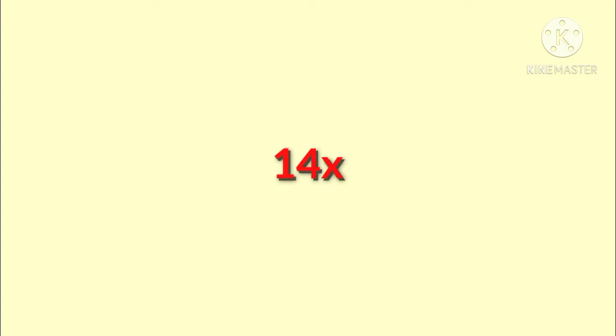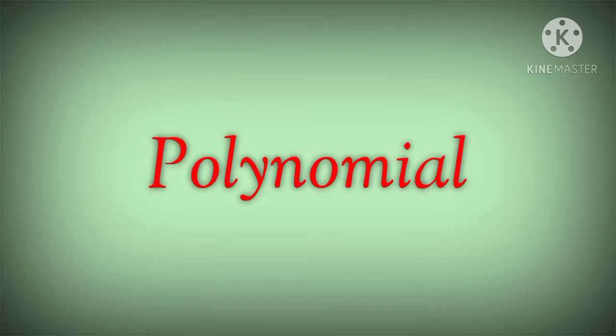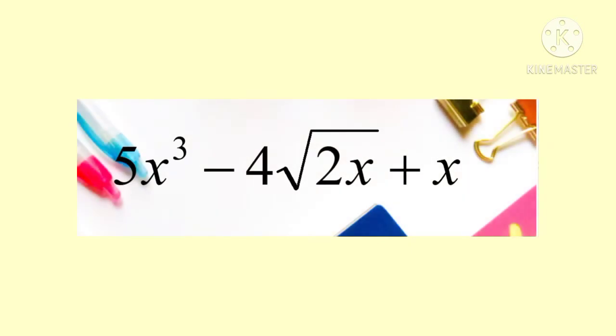First example, we have 14x. Is it polynomial or not polynomial? Correct. Polynomial, since it has positive exponent, which is 1. Second example, we have 5x cubed minus 4 square root 2x plus x.